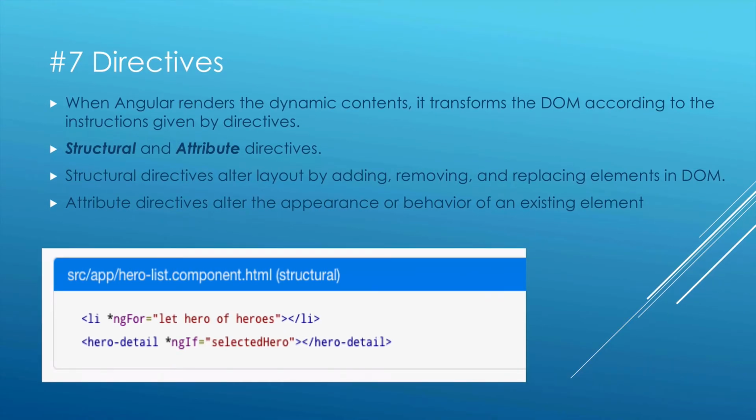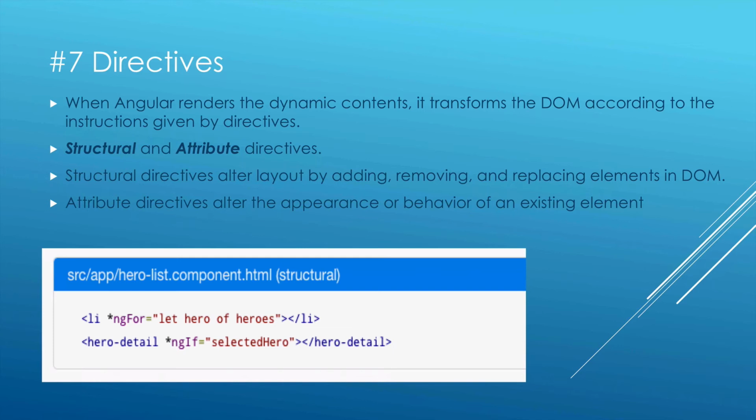Number 7, directives. Directives are for Angular to render component content dynamically. They transform and update the HTML DOM. DOM, Document Object Model, right? So there are two types of directives, structural and attribute directives. Structural directives alter the layout by updating the elements in the DOM.